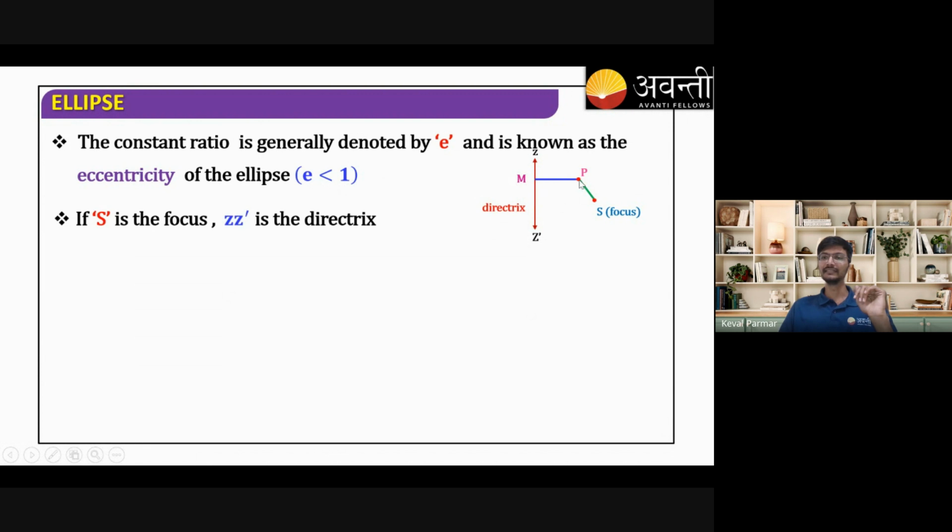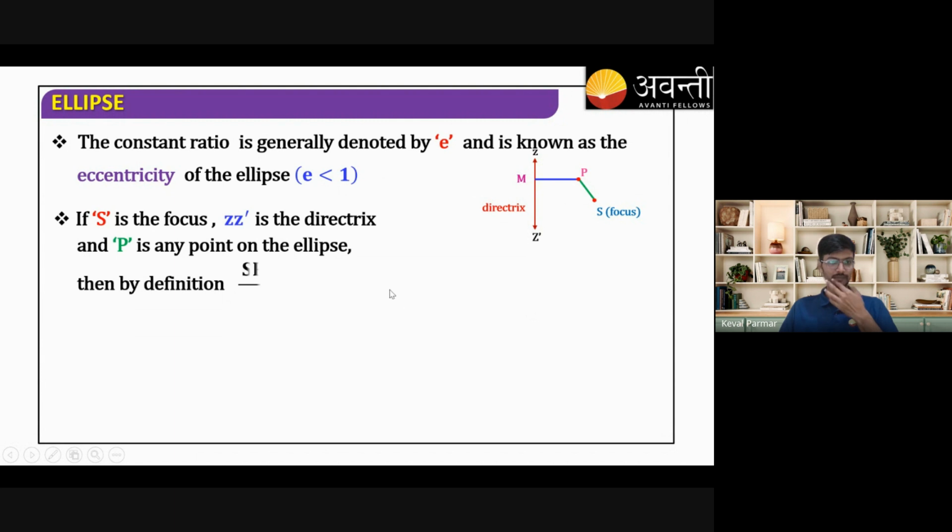This is the focus, S. Z, Z dash is the directrix. P is any point on the ellipse. And what is the definition of the ellipse? SP upon PM equals E. This we already saw. Is it clear, guys? Give me a thumbs up. All good till here?